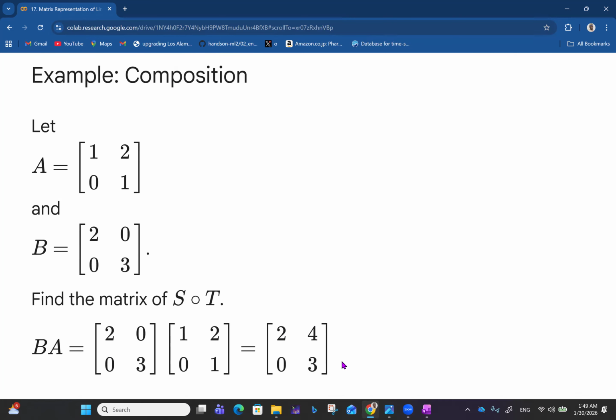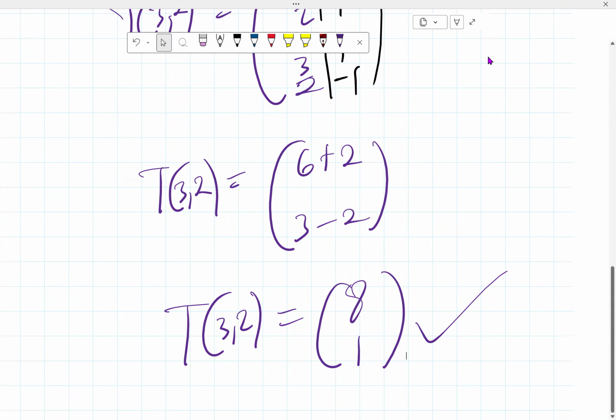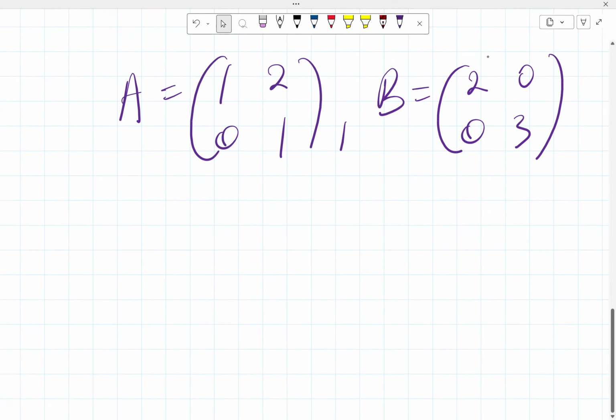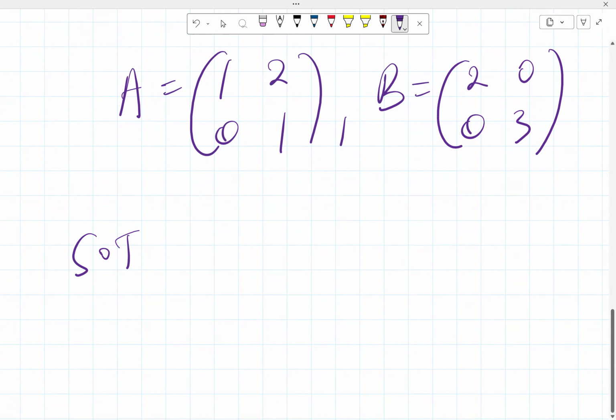So in case you don't understand that, let me do it on the worksheet again. A is 1, 2, 0, 1, and B is 2, 0, 0, 3. So in this case, we need S composed with T, and that is equal to BA.